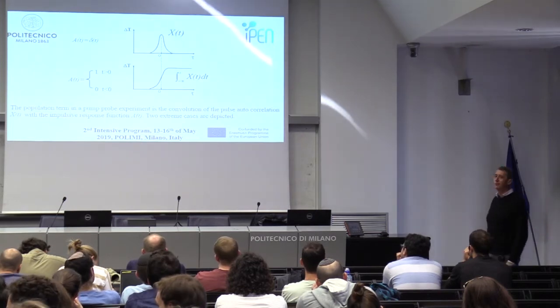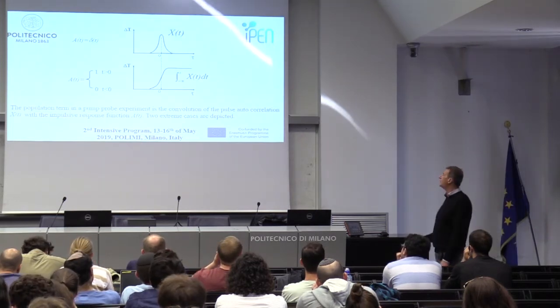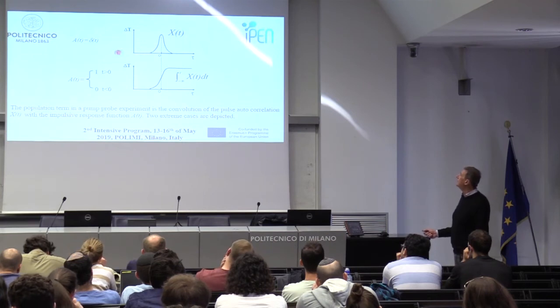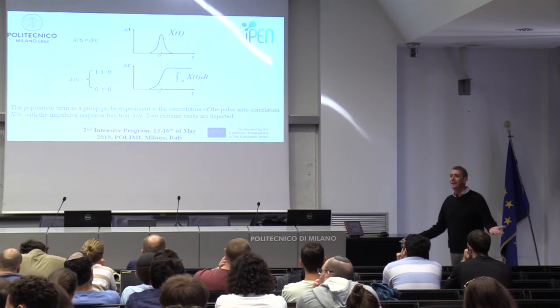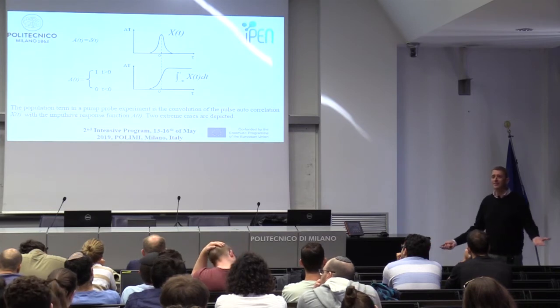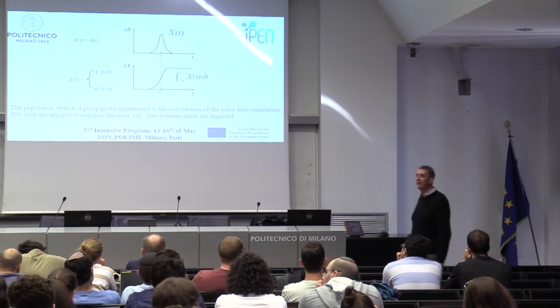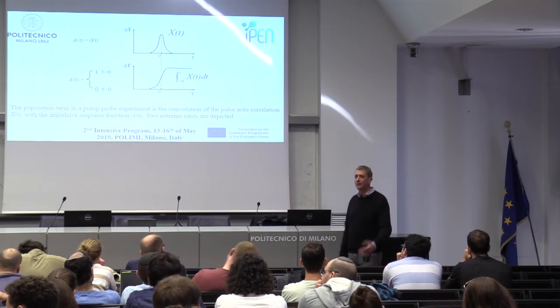Here is an example of two extreme situations. If the response time is too fast for your setup, what you measure is essentially the resolution of your experiment, like the response function. You don't get any information on the material, it's too fast.